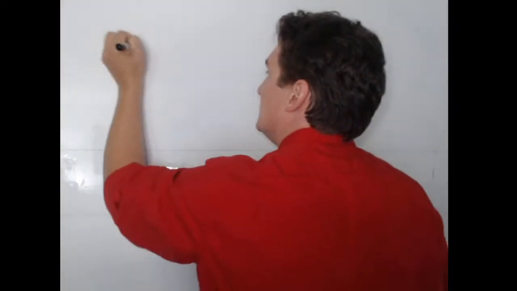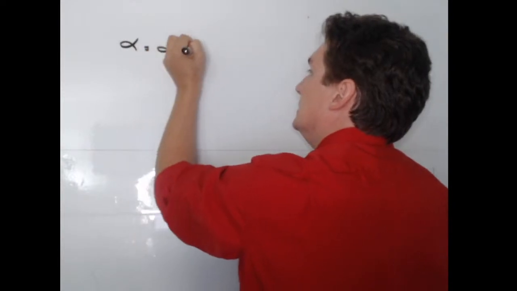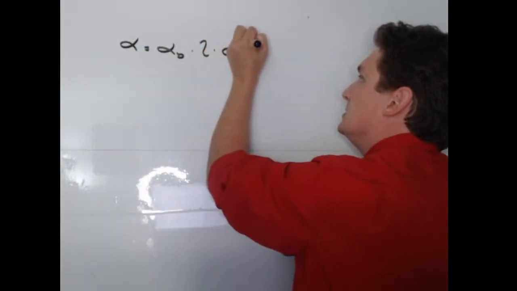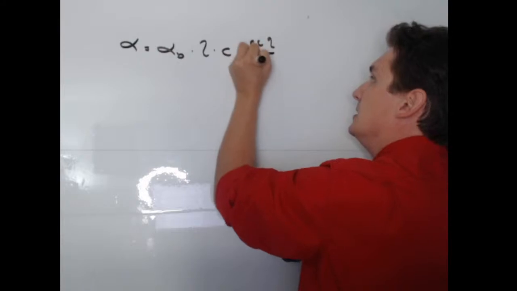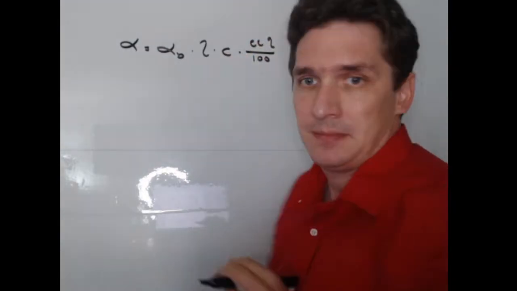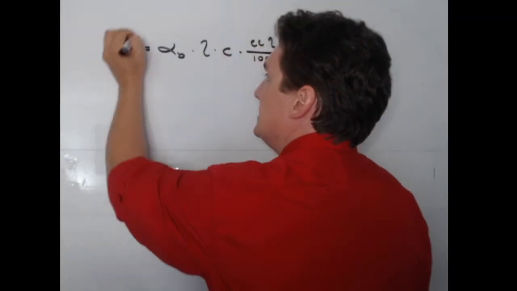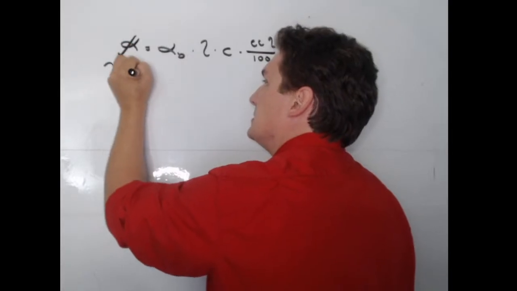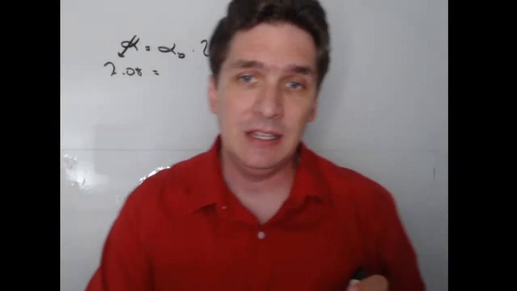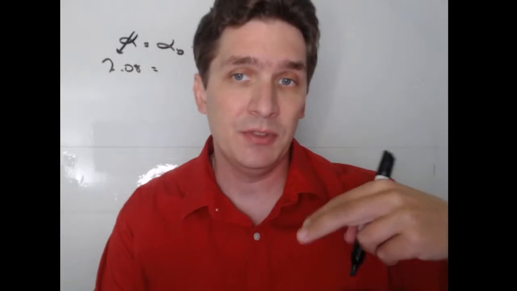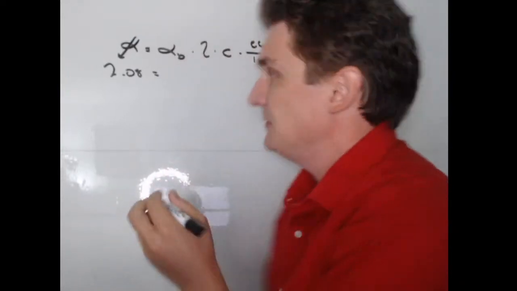we have alpha equals alpha D times L times the concentration times the percent EE over 100. We know in this case alpha is 7.08 degrees. We know the alpha D from the table on page 14, camphor has an alpha D of 44.26.